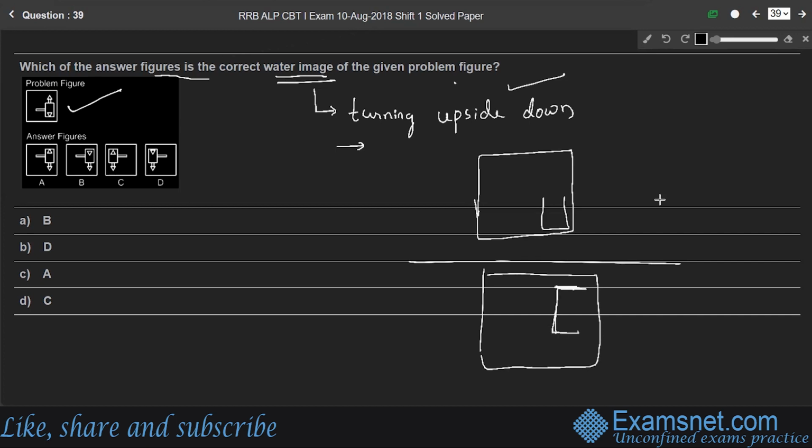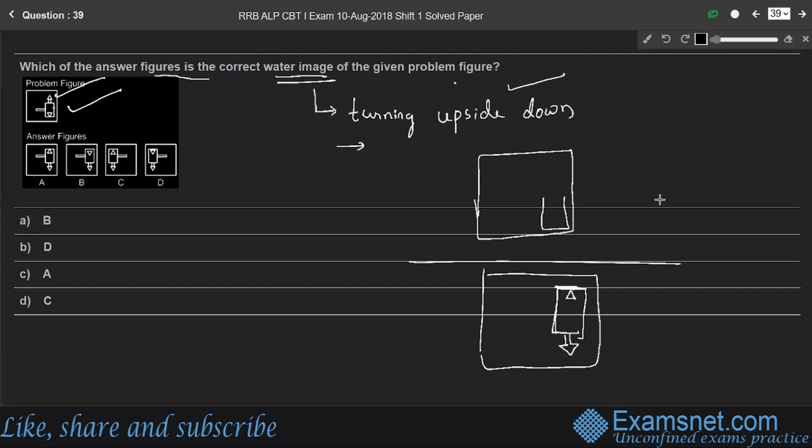The rectangular portion will be as it is. Here is an arrow mark which is facing upwards; in its image, this will be facing downwards. Inside the rectangular portion, there is a small triangular portion facing downwards; in the image, this small triangular portion will be facing upwards.